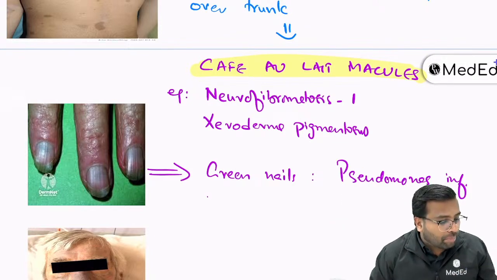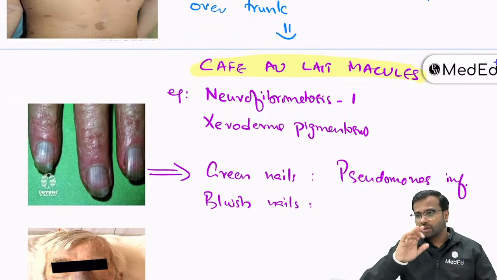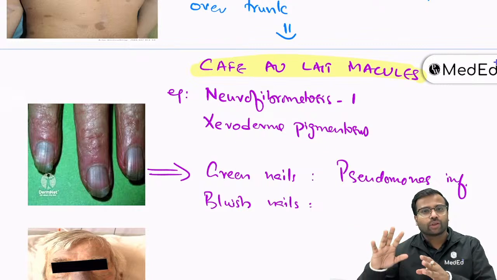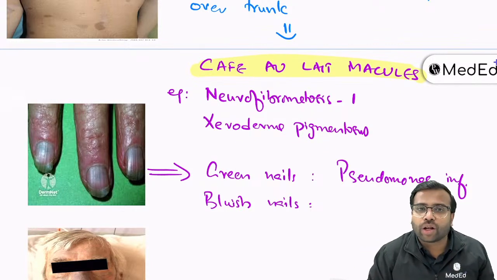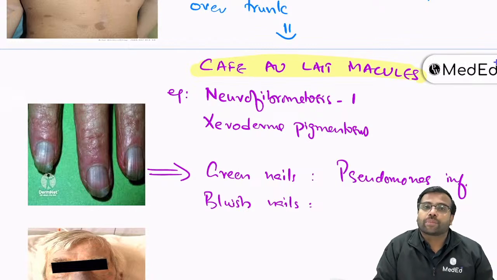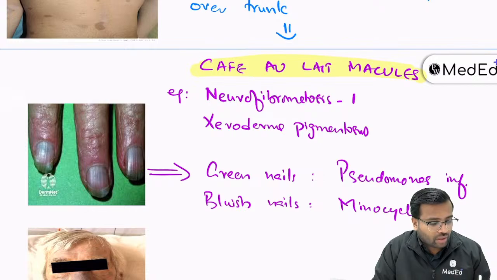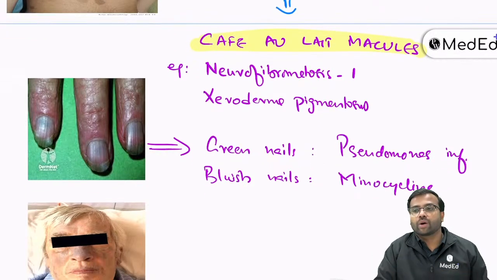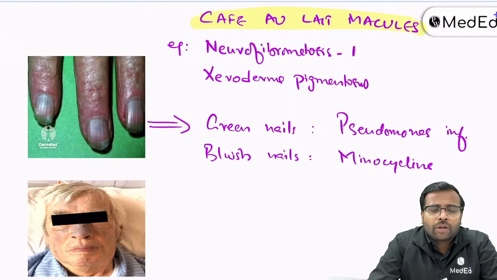Whereas if you see a bluish discoloration, keeping aside cyanosis and those findings, this can happen as a drug eruption or a drug side effect. When you use drugs like minocycline, because in dermatology cases we use minocycline for a longer period of time.